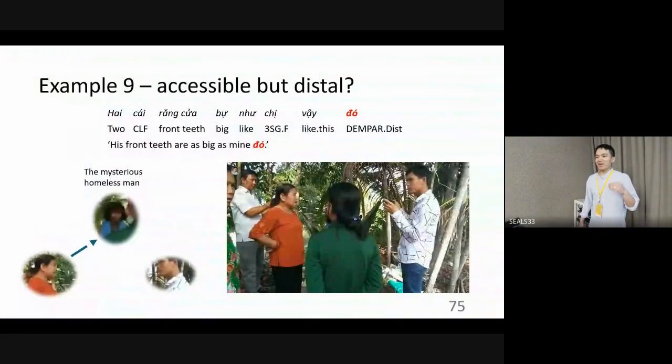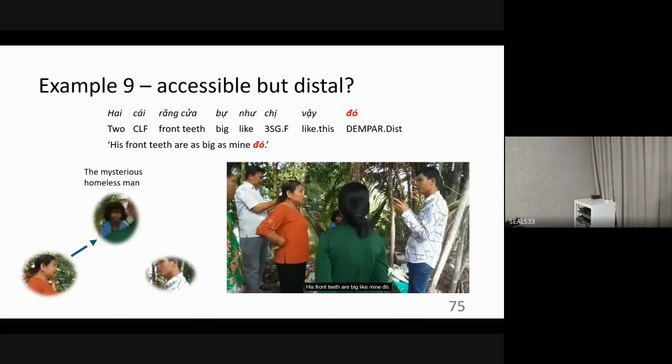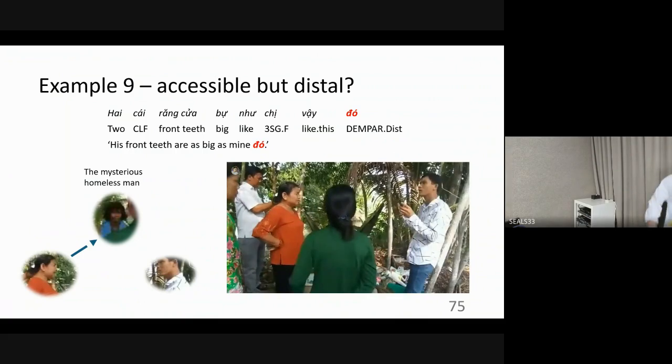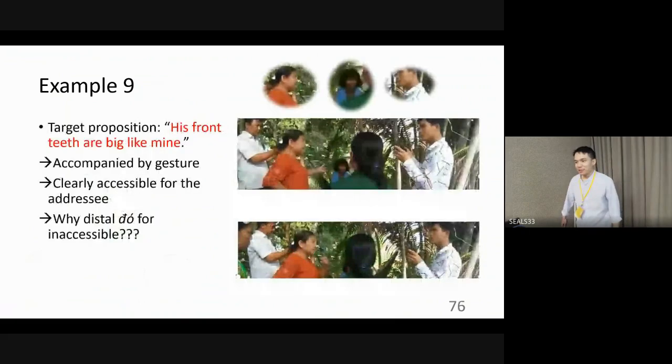In this one, the woman in orange and the man in white are talking about a mysterious homeless man next to them, and she's claiming that he is her relative. Let's see how she does so. The target proposition is his front teeth are as big as mine.